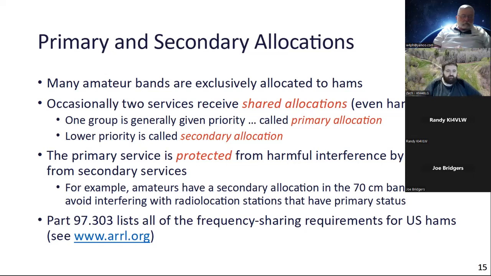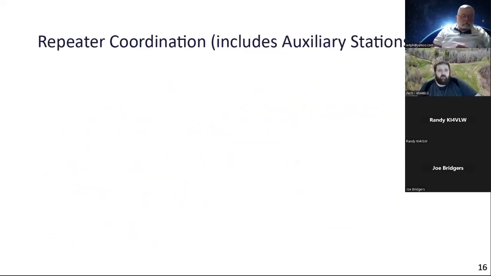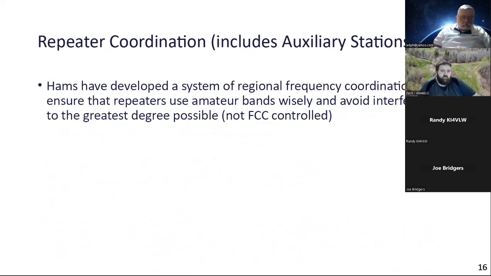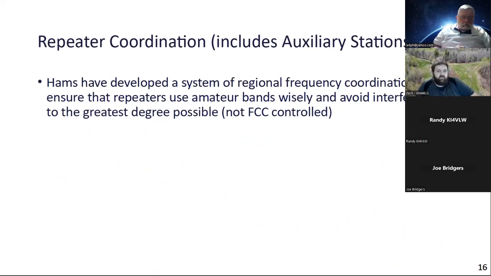So let's talk about repeater coordination, which also includes auxiliary stations. Hams have developed a system of regional frequency coordination to ensure that repeaters use amateur bands wisely and to avoid interference to the greatest degree possible. These are not FCC controlled.